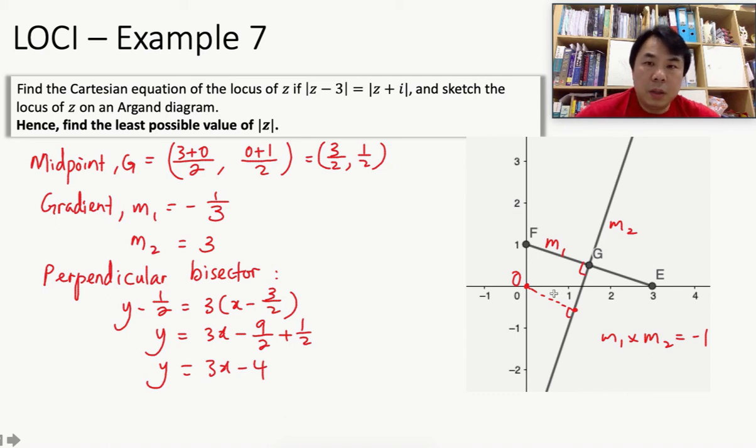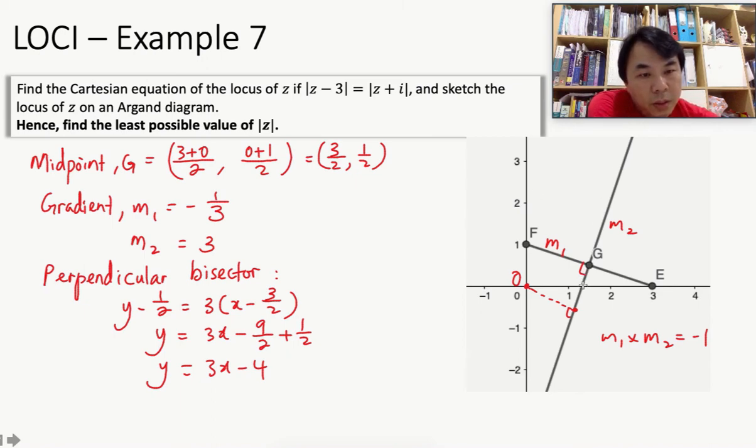That will be the shortest distance that we can obtain. So how do we actually obtain that? There are many ways to work with this. Now I'm going to show you the coordinate geometry method in this case.